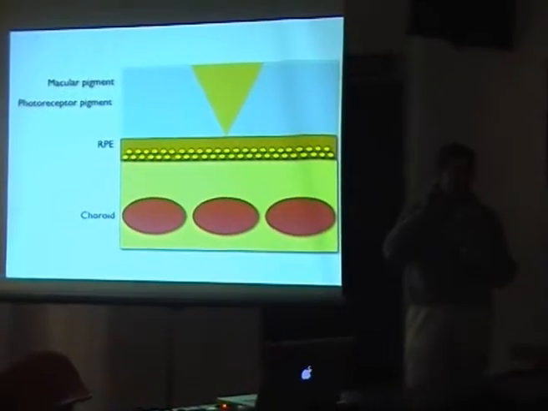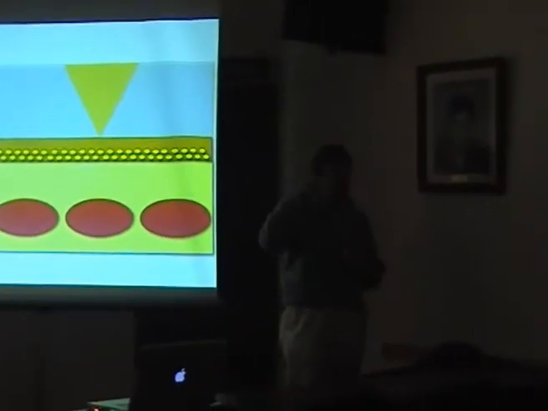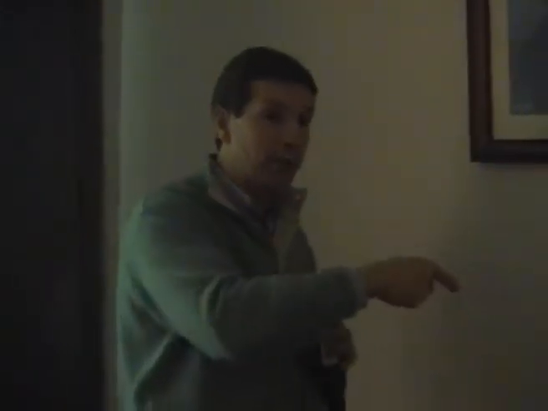For sure, if I project a light in your eyes, after some time you see an after image. The after image is due to the fact that we bleach all the photopigment, and it takes some time to recover. So in old people, it takes more time than in a young subject.